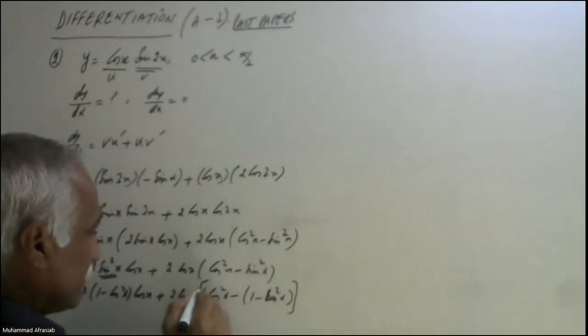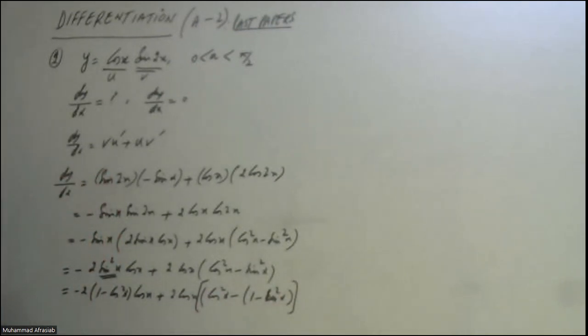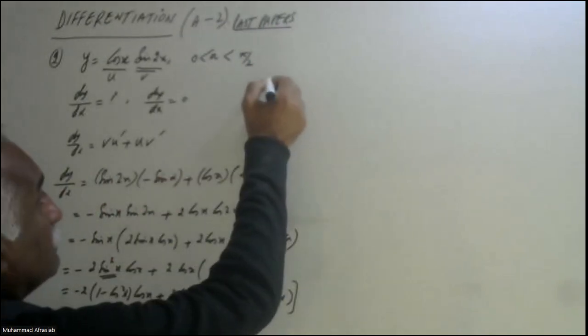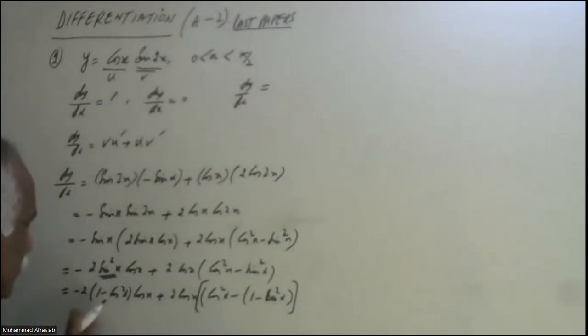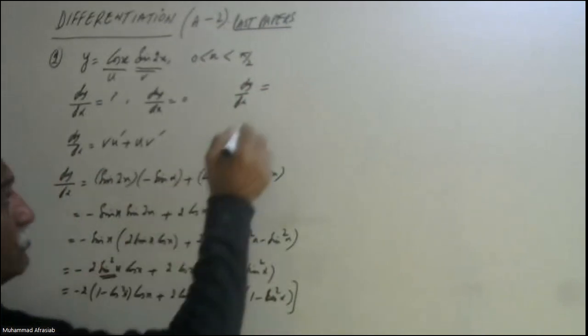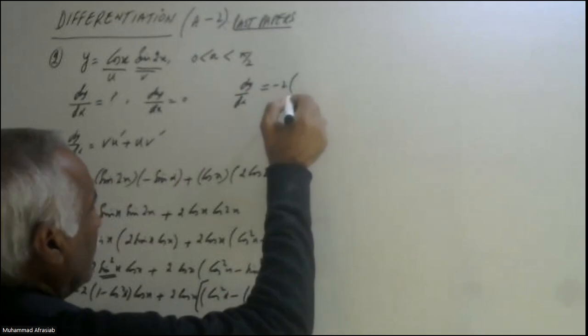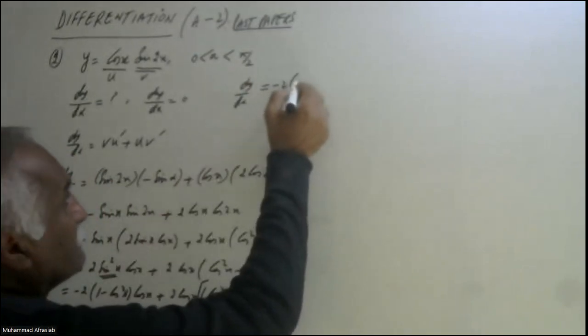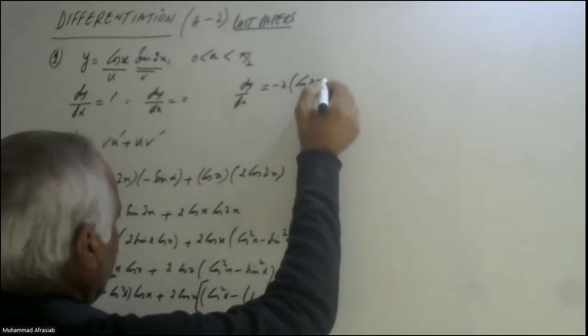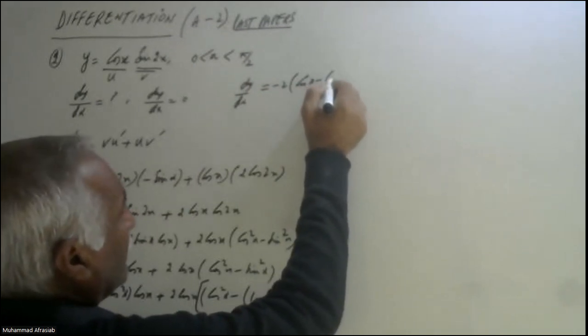So dy by dx is equal to minus 2 into 1 minus cos square x, times cos of x.